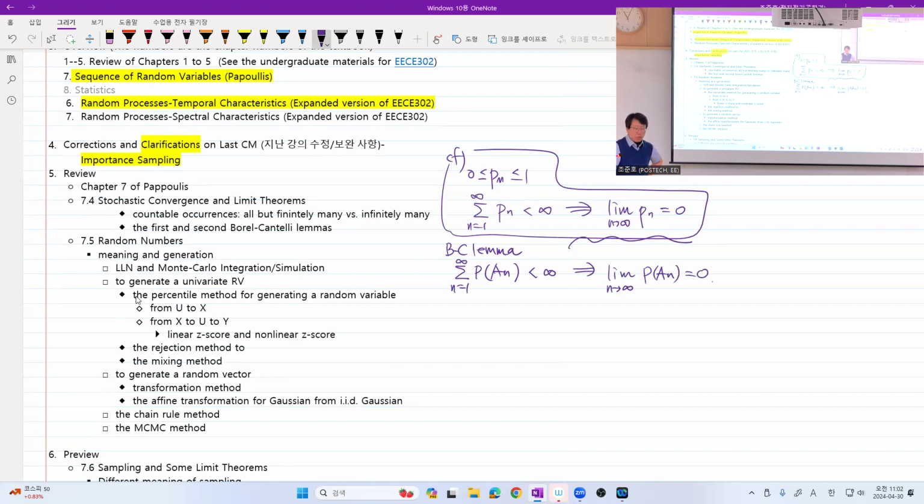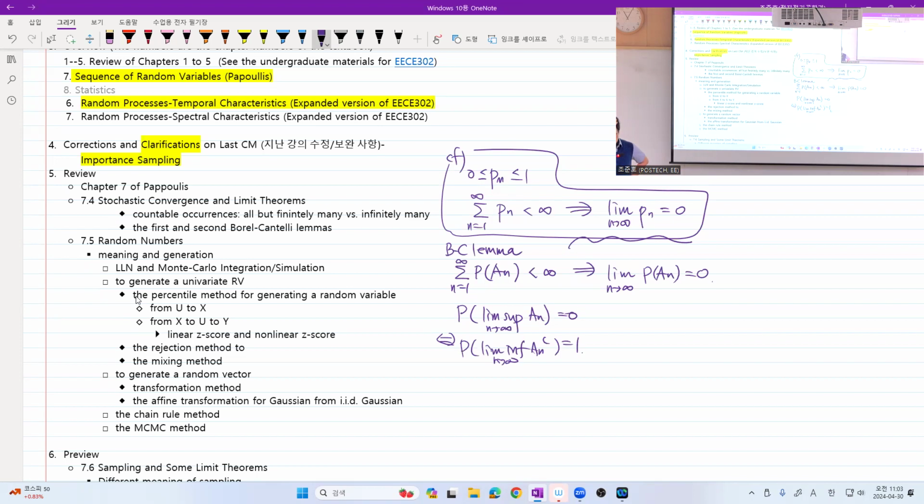The Borel-Cantelli lemma is not about this one. It's more than this. We have here the lim sup of A_n equals 0. That is the Borel-Cantelli lemma. By the way, this can be written as lim inf of A_n complement is 1.